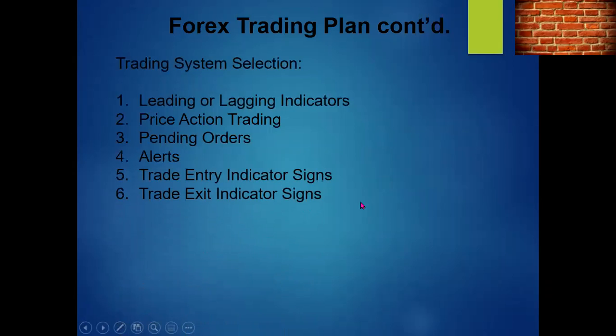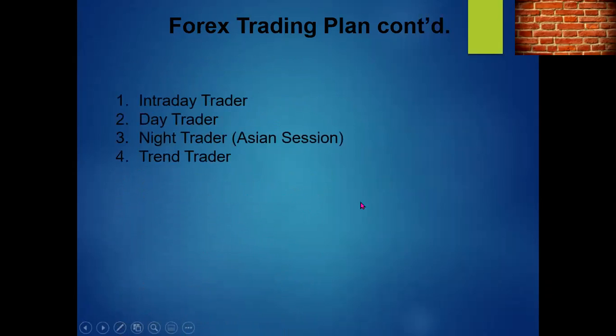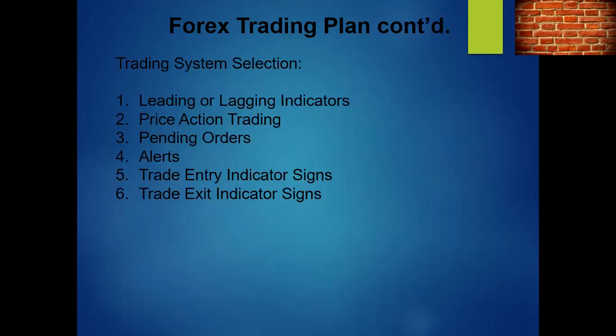You can also state whether you're going to use leading or lagging indicators. Lagging indicators, most indicators are lagging because they only indicate that the trend has reversed a few days or a few hours after the previous period, after the action has begun.